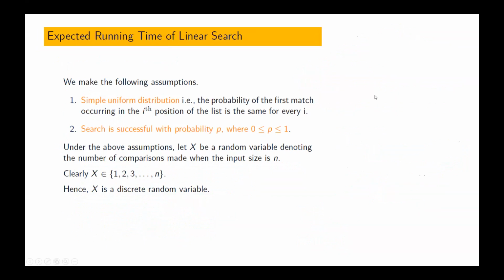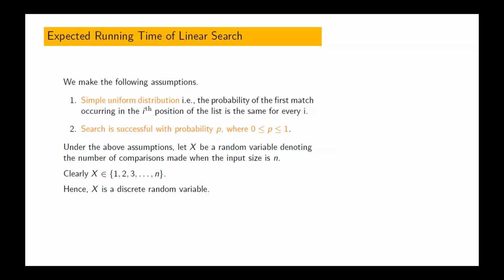Now here also let X be a random variable denoting the number of comparisons made. What is the value of X? In linear search, we are searching for a key in n elements. What values can X take?